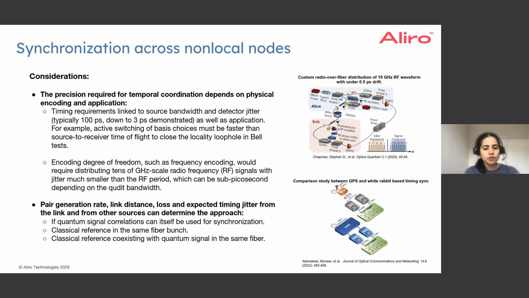So we have noted here that classical references allow for higher power and faster corrections, whereas quantum-based synchronization can be limited by photon flux. But this is really dependent on the link distance and the losses, like we talked about.